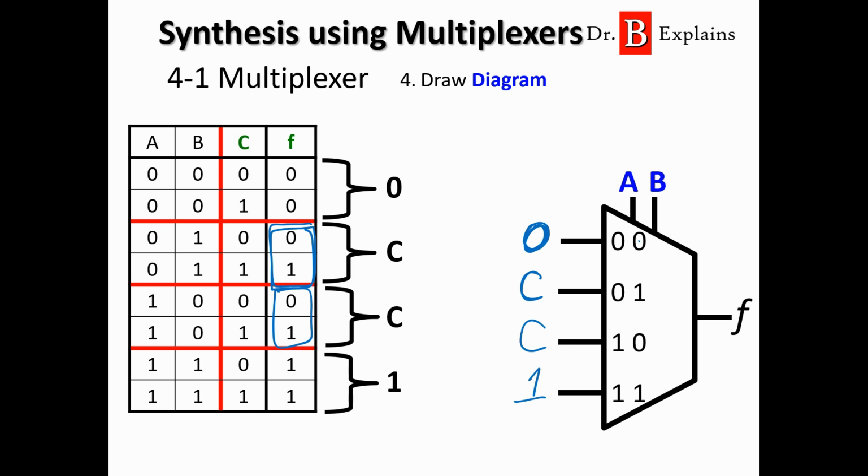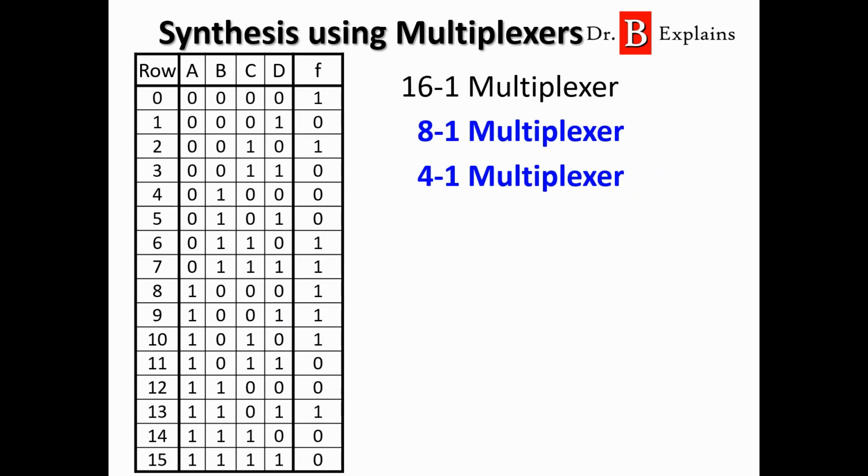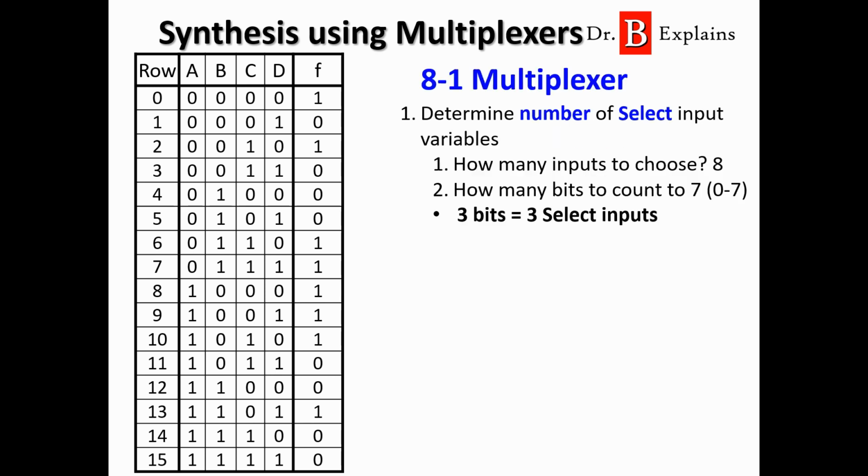I'm going to do another example. So now we can use a 16-to-1 multiplexer. We have 16 rows, so that wouldn't be that useful. We can use an 8-to-1 or we can use a 4-to-1. We're going to start with the 8-to-1. So how do we determine the number of select variables?